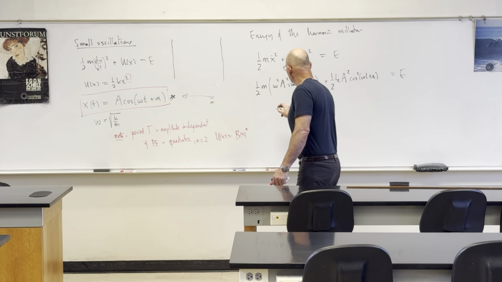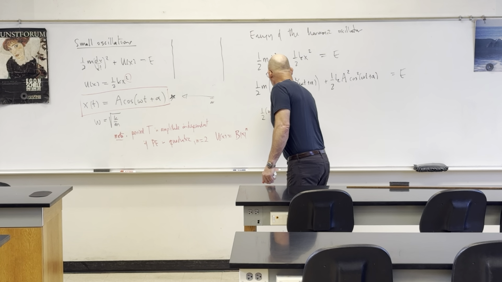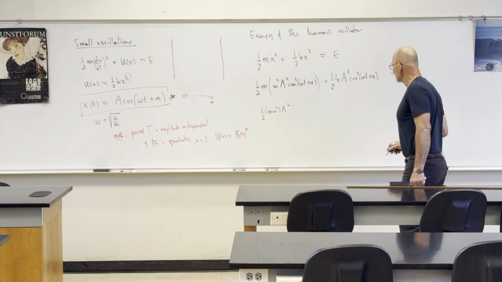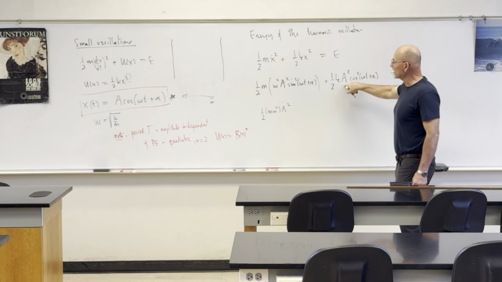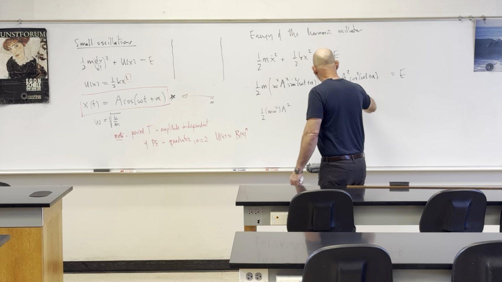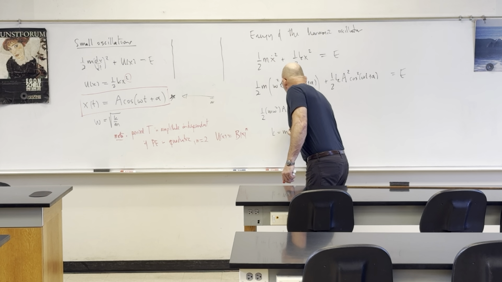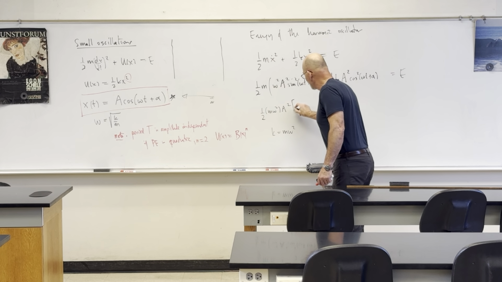And we have 1/2 m omega squared a squared, and we have 1/2 k a squared, right? Let me write it this way. Since k equals m omega squared, I can factor that out.